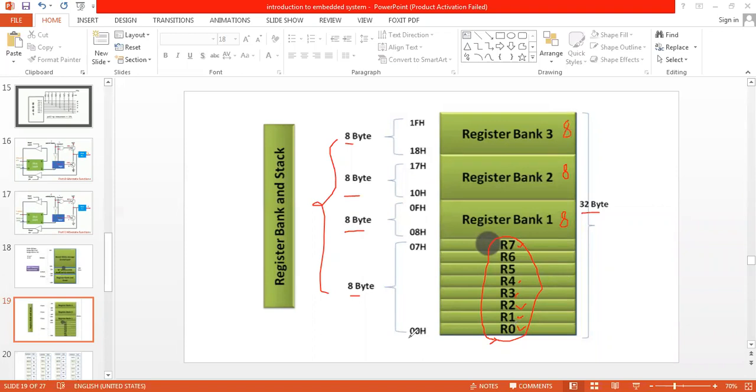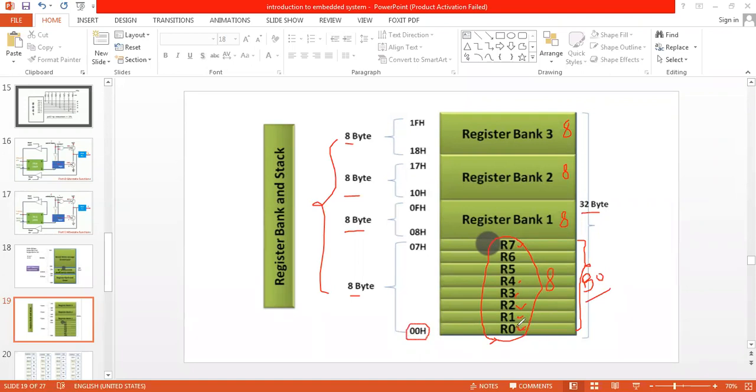See, the memory location, this is bank 0. So bank 0 has 8 registers. In that, each register has one memory location, one memory address.